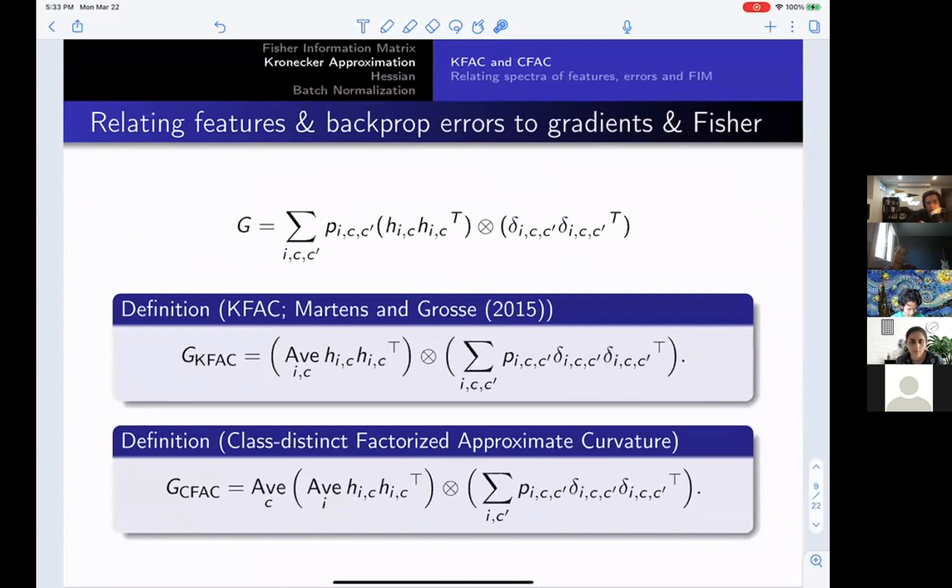The approximation is called KFAC, and it writes the Fisher information matrix as a Kronecker product of the second moment of features and the second moment of backpropagated errors. Here's a question to make sure you're following. Is the Fisher information equivalent to G_KFAC?